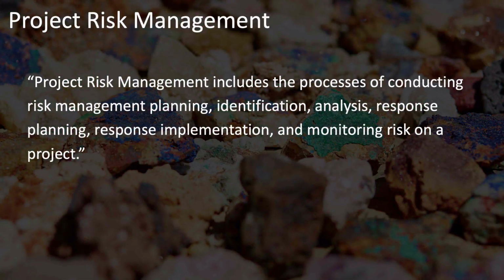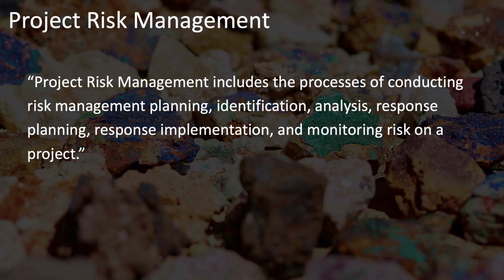Project risk management includes the processes of conducting risk management planning, identification, analysis, response planning, response implementation, and monitoring risk on a project. We'll get into this more later in the course, but notice the emphasis on response planning and implementation. Risk is not something that we address passively.